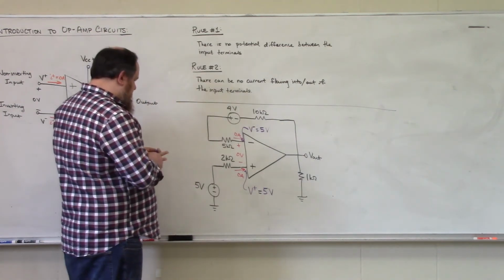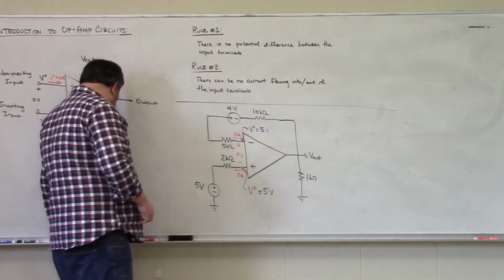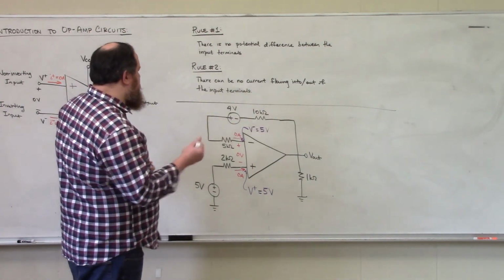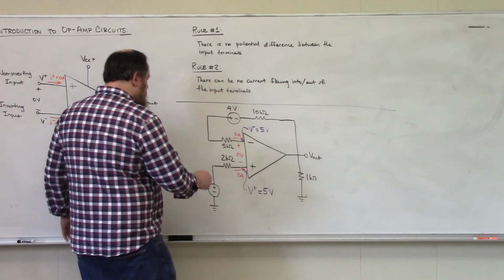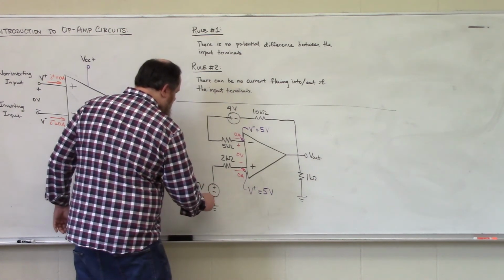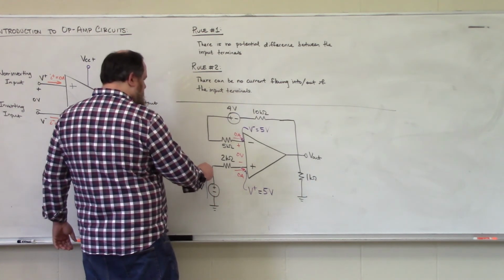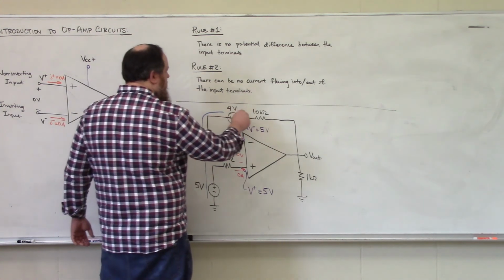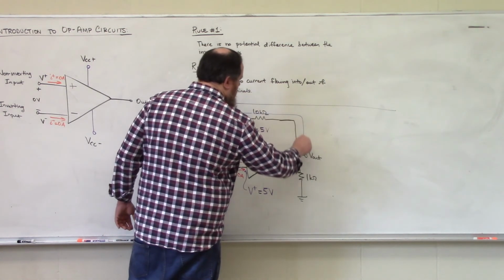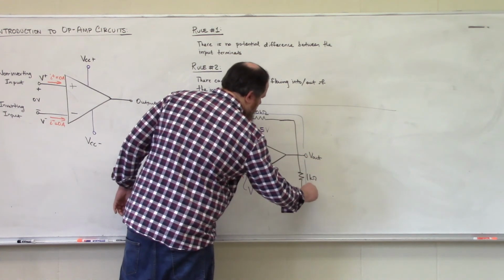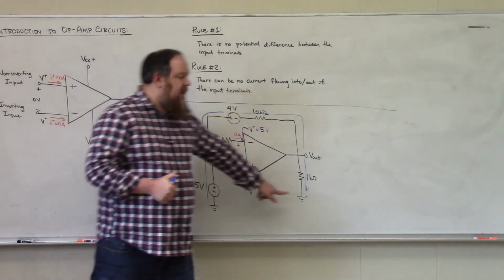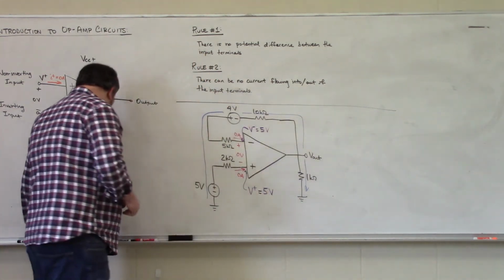So from this, if we developed a Kirchhoff's voltage law equation around this loop. So I'm starting here. I see the negative polarity terminal, the 5 volt source, a 0 volt drop, like so, where I'm starting at ground and I'm ending at ground.